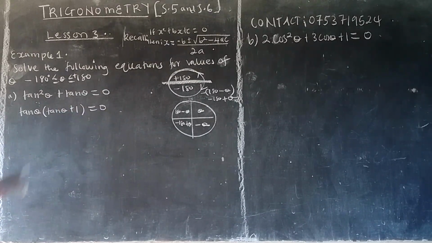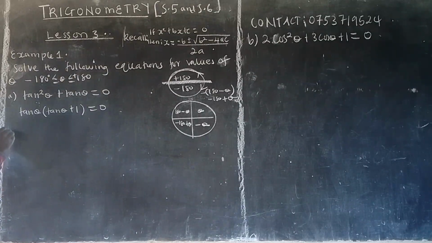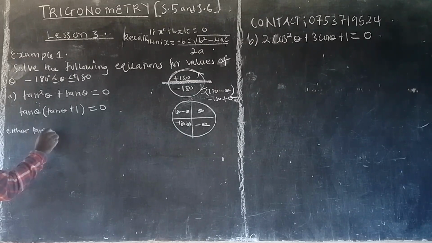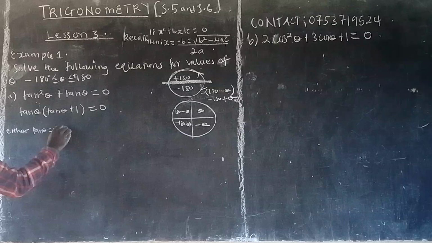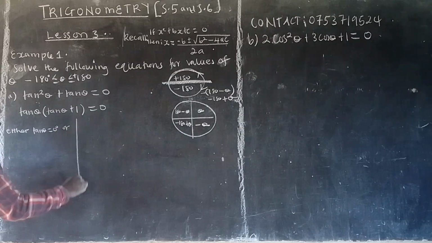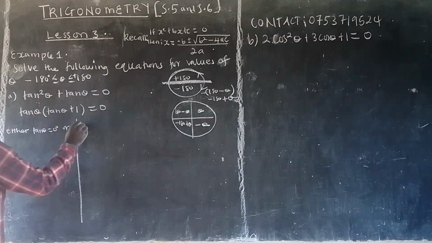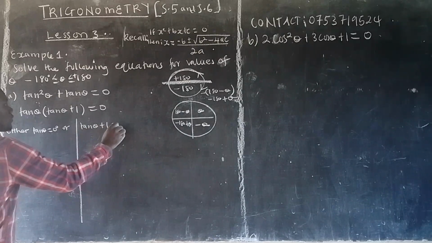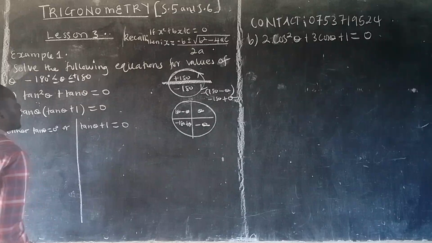This equals 0. Since we have factorized, we say either tan theta equals 0 degrees, or tan theta plus 1 is equal to 0.